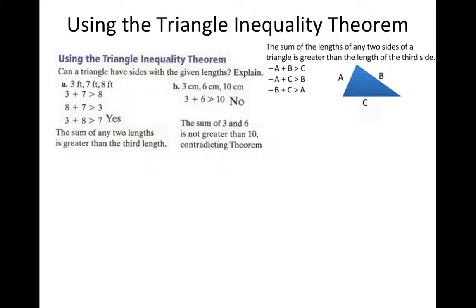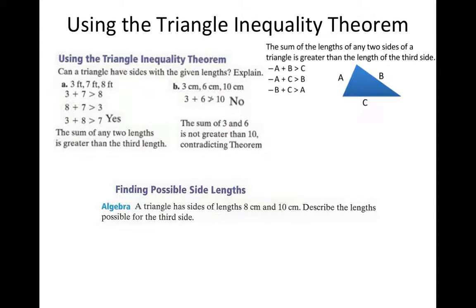Another kind of problem that we have, instead of giving us three sides and asking could I make a triangle with this, is giving us two sides and then determining how long the third side could be. So if I know a triangle has sides of lengths 8 centimeters and 10 centimeters, what could the length of the third side be?